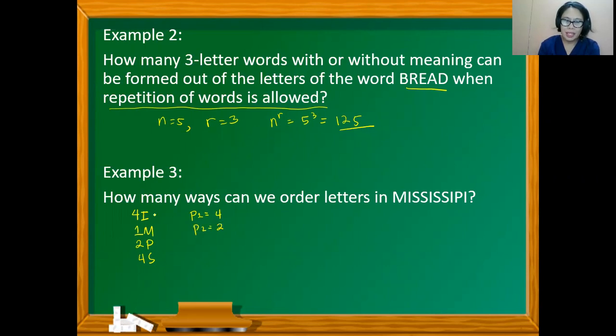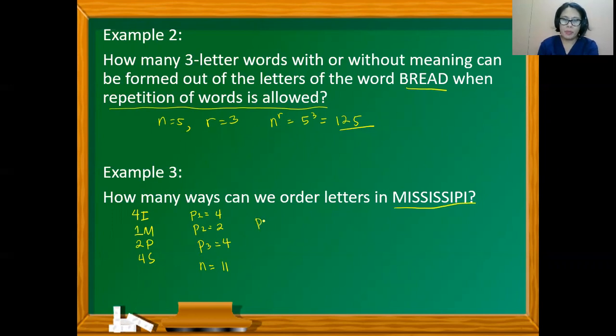You can assign any among P sub 1, P sub 2, P sub 3. You may or may not assign P sub 4 as 1, since that would mean 1 factorial. And take note that n equals 11 here, since we have 11 letters in the word Mississippi.